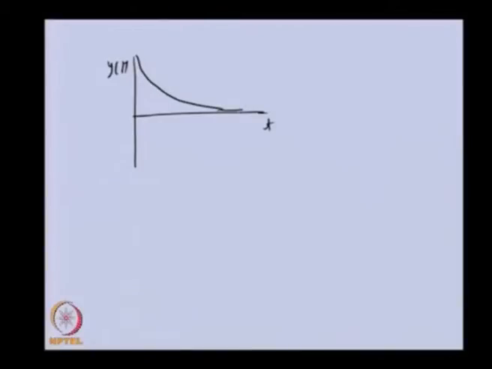There will not be any crossing of the response from the 0 line. So after some time, gradually, if you give some disturbance to the system from here, gradually it will come to rest. It will not cross, no oscillation will take place. This is for the overdamped system.